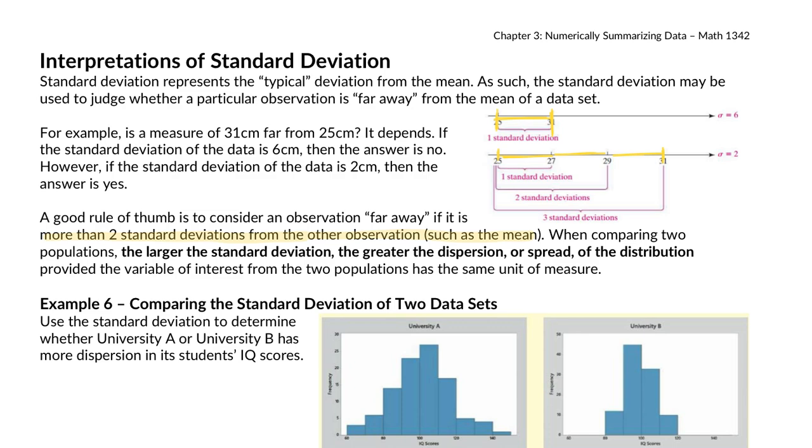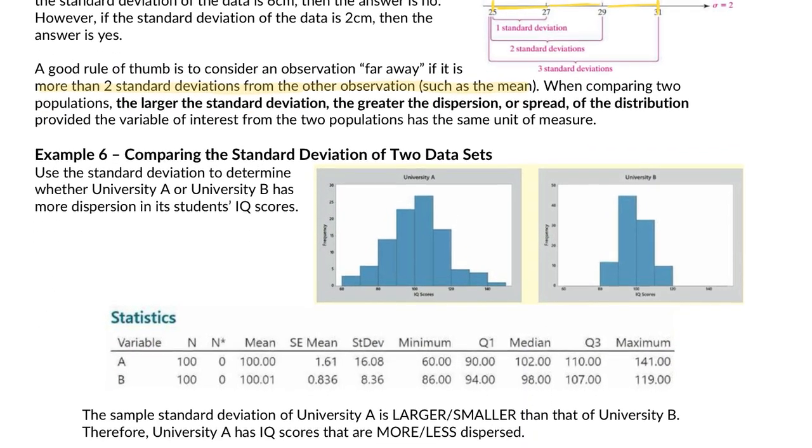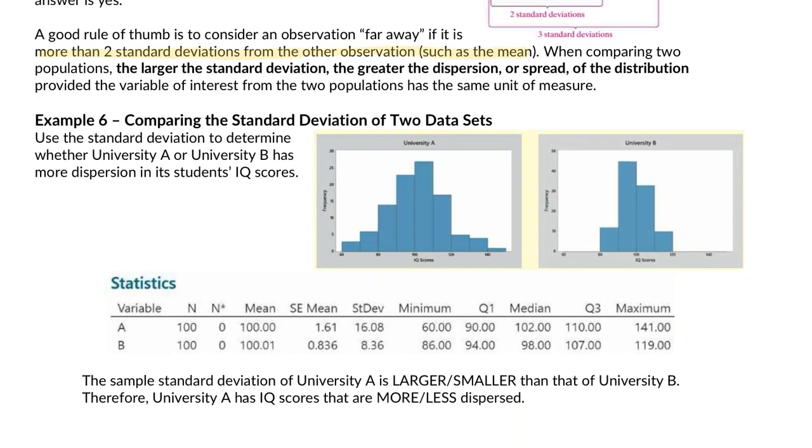So let's review again with our university example from the beginning of the notes. I have computed the standard deviation for you using StatCrunch. You don't have to know how to use it because I'm going to teach you other ways.